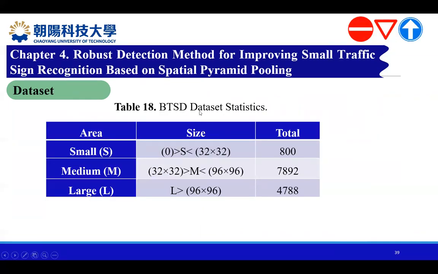This is the PTSD dataset statistics. It's divided by area: small, medium, and large. The total of each category we can see in table 18, for S, M, and L.